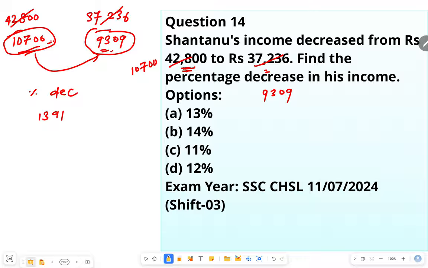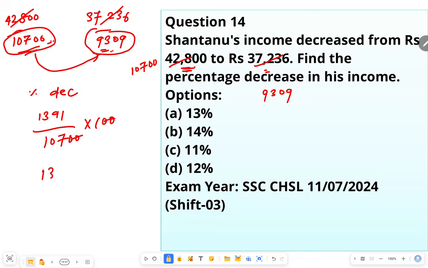In the base this number will come. Mistakenly I wrote this number, because this number has nothing to do with this, because we have taken the simplified form of that number. You understood?